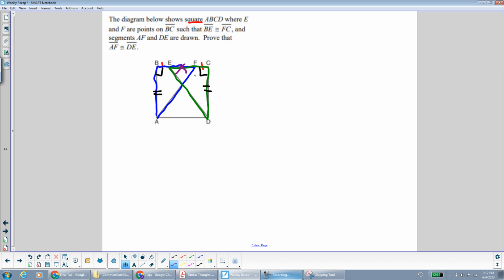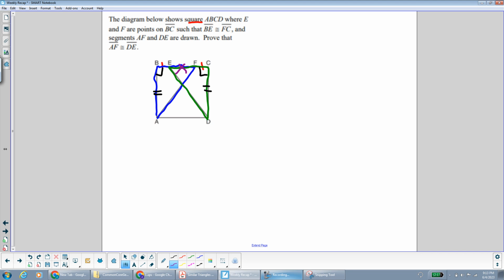That's what's shared by the reflexive property. So remember, if you're starting with 2 congruent segments and you're adding on a congruent segment to both, you can use the addition postulate in order to do that. So we can say this plus this is congruent to this plus this, and therefore BF is congruent to CE.